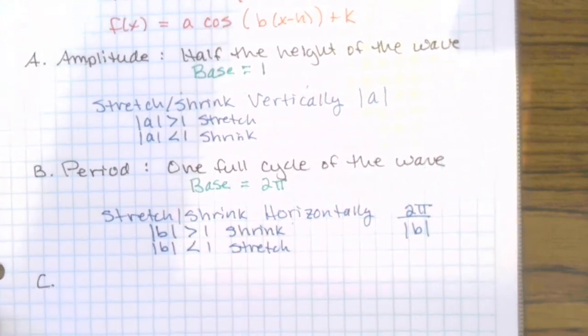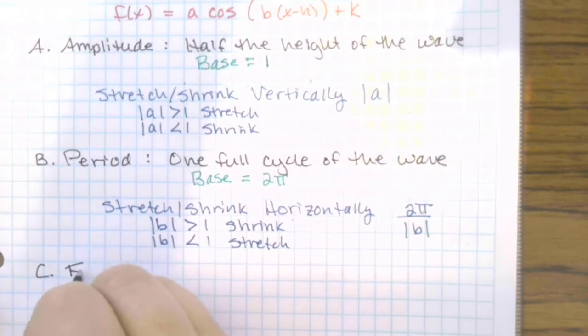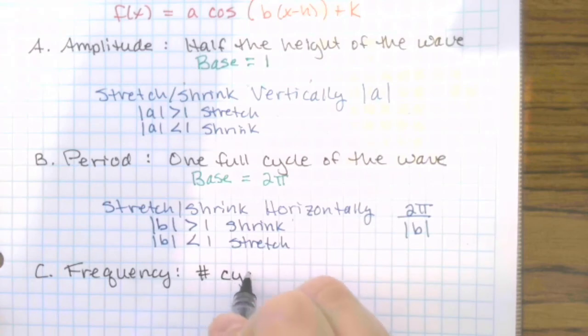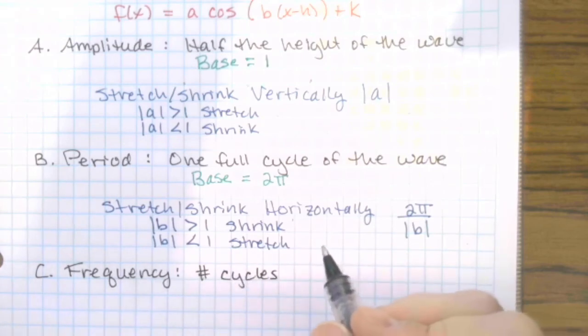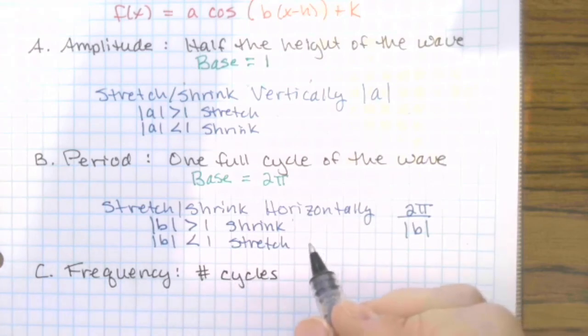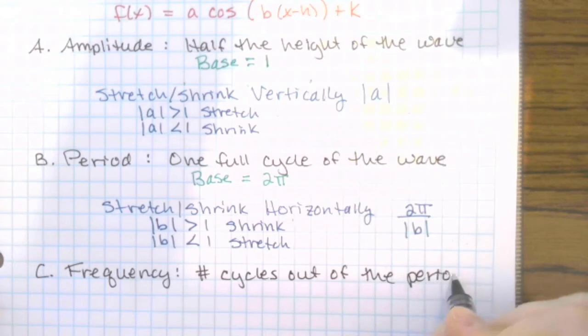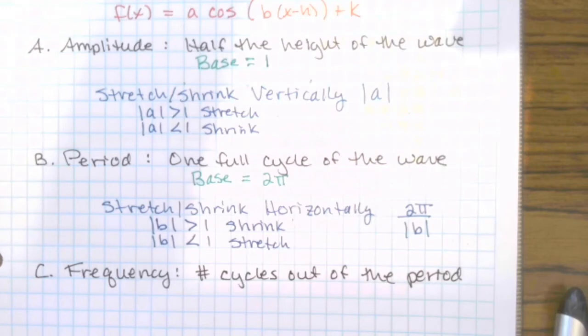All right, C, frequency. Frequency is the number of cycles out of the period. So again, you're going to have one cycle in your base graph.